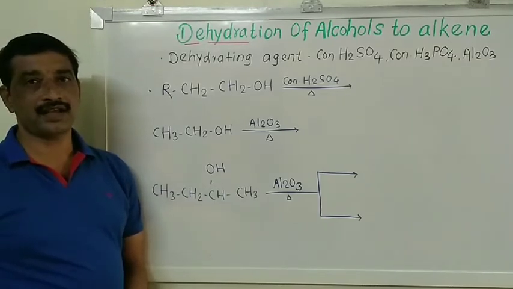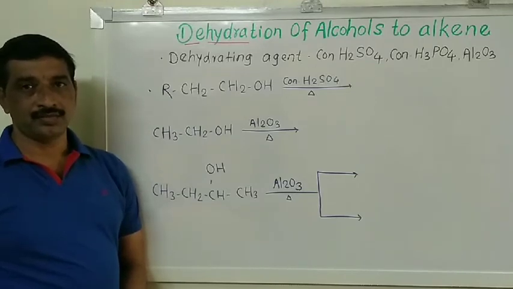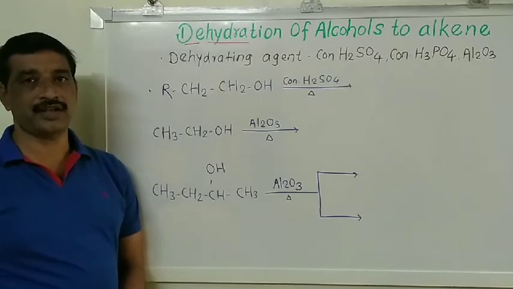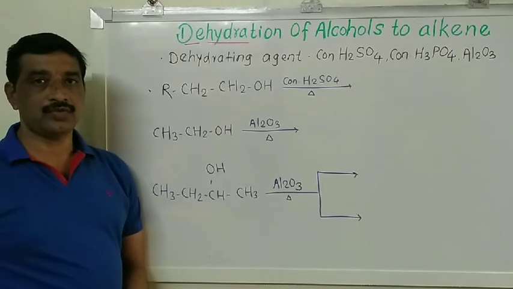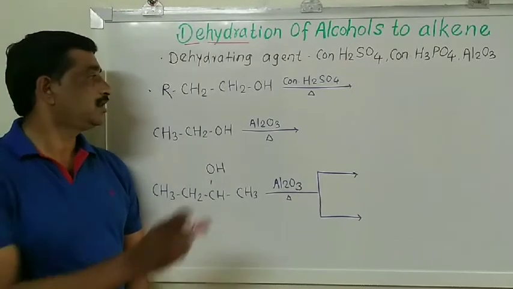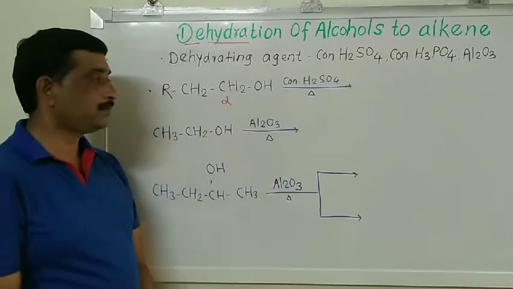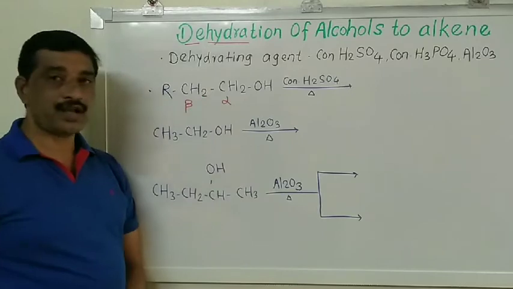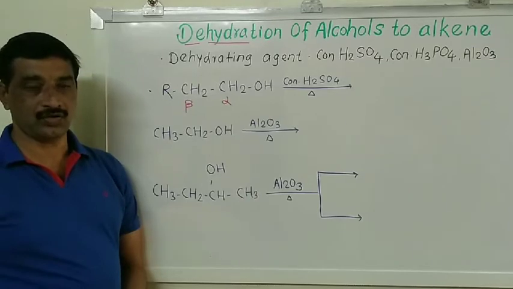This dehydration reaction is also known as beta dehydration reaction, because a hydrogen atom is eliminated from the beta carbon atom. The carbon atom to which the OH group is present is known as the alpha carbon atom, and hydrogen is eliminated from the beta carbon atom. Hence it is also known as beta dehydration reaction of alcohols.